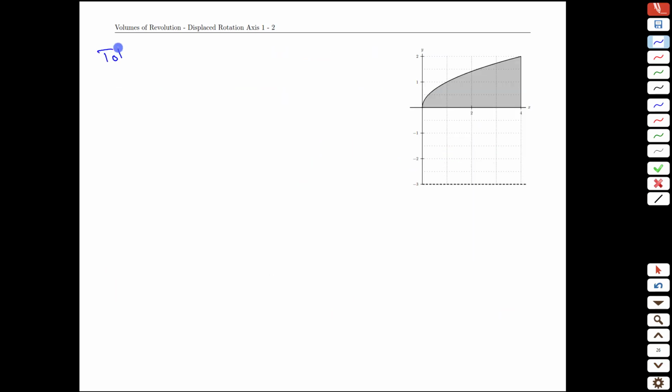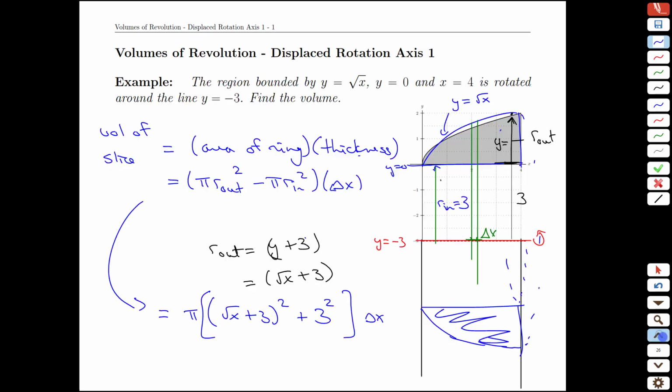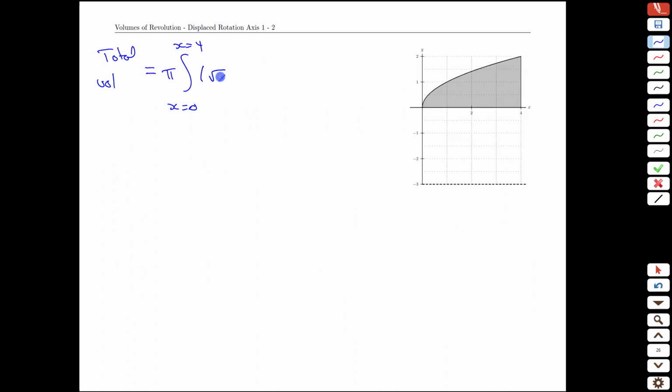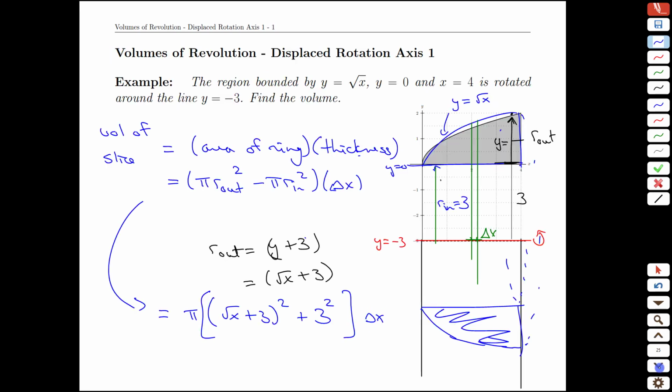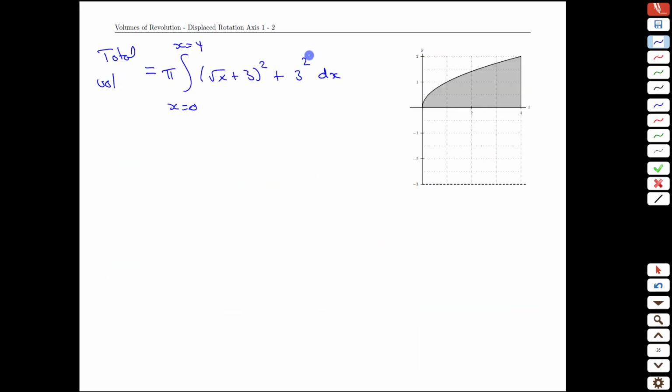So our total volume is going to equal the integral from x equals 0 to x equals 4, common factor of pi, and going back a page, square root of x plus 3, all squared, plus 3 squared, and the last element, the delta x, gets converted when we turn it into an integral to a dx.